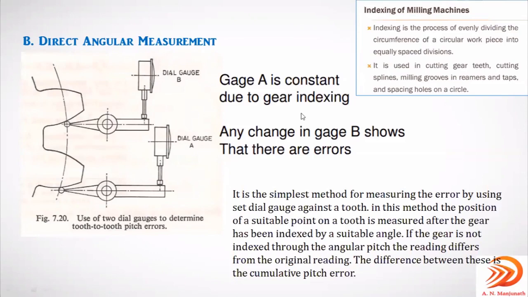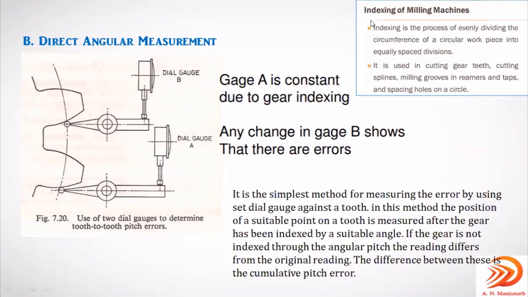You can observe in this image, here also pitch means from this point to this point. Here two dial gauges are there, dial gauge A and dial gauge B, to determine tooth to tooth pitch errors by direct angular measurement. Gauge A is constant due to gear indexing.